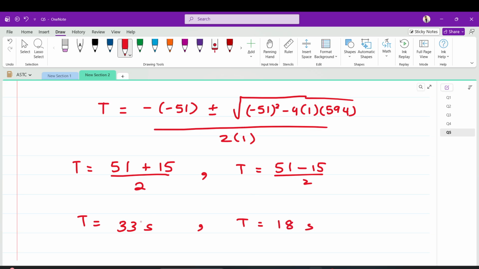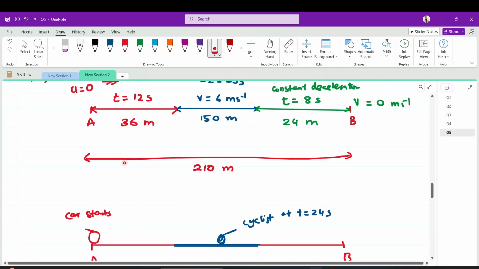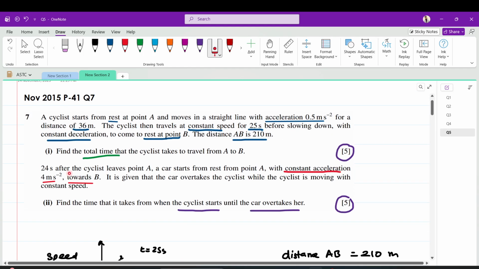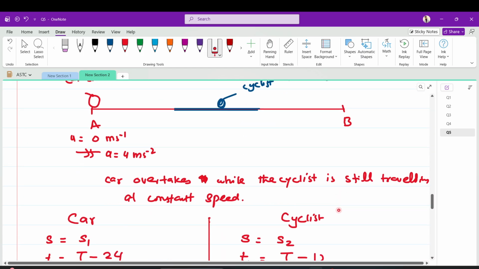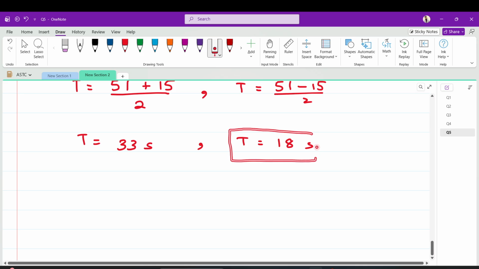Okay, now remember, what was this t? The variable t was the moment the cyclist, our first driver, the one who was in part 1 as well, left point A. So after leaving point A, if 18 seconds have passed, because we found two values, right? At 18 seconds, the car did not start to move.